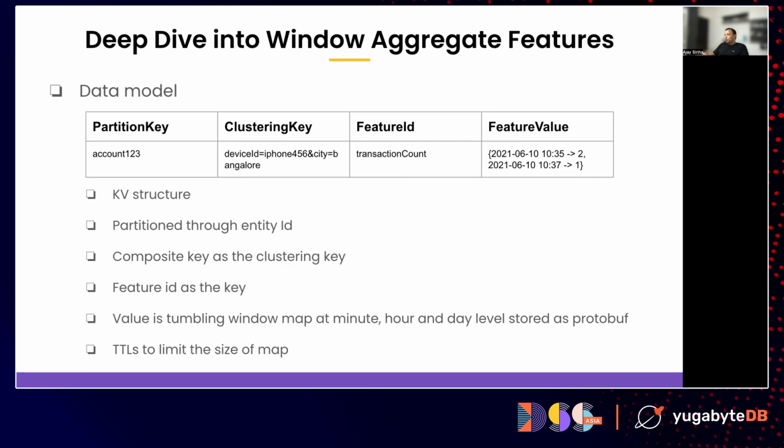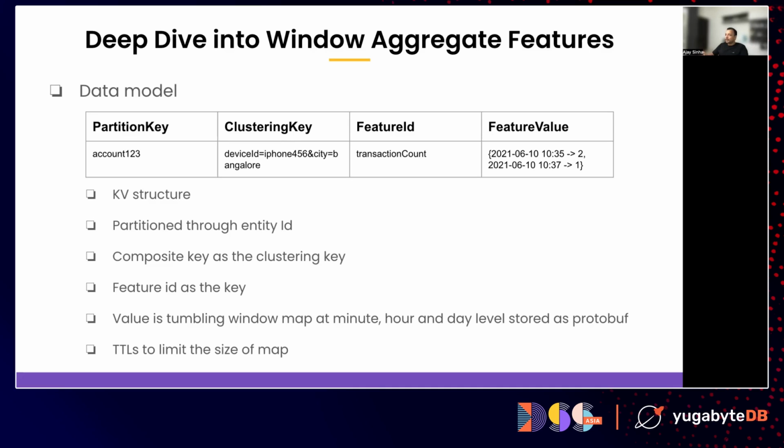Let's deep dive into the data model of window aggregate features. It's a key value pair at a high level. We use entity ID as the partition key, and the reason we do that is so that we can keep all the features of a given entity ID in one partition, and at read time I can do a bulk read of all the features through a single node.